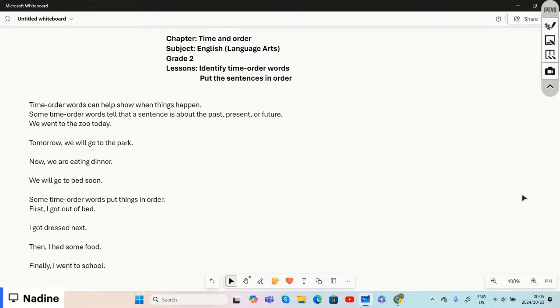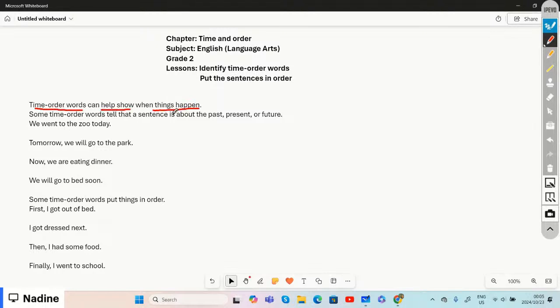All right. So we see time order words can help show when things happen, whether things happen first or second or last. It shows us when things happened. And some time order words tell that something is either about the past, the present, or the future.